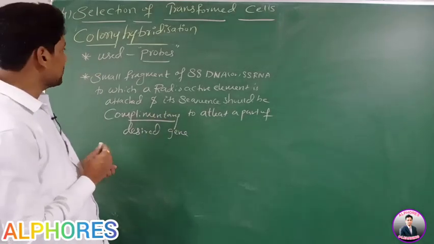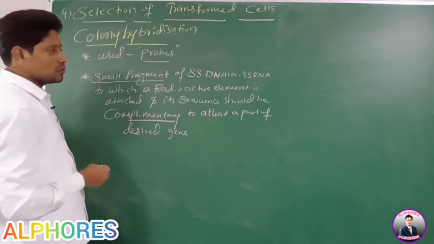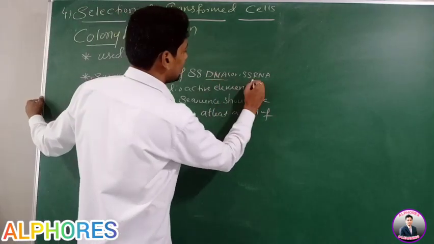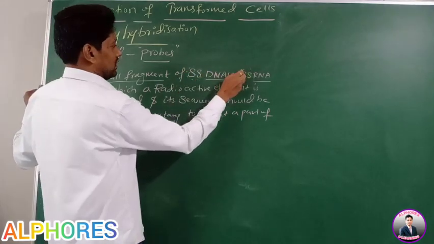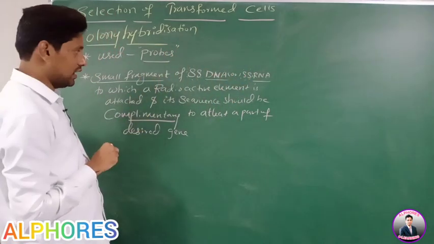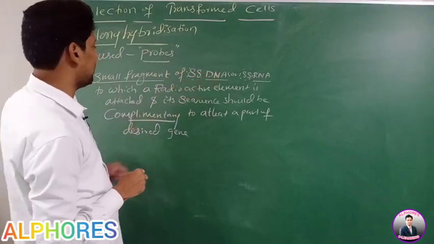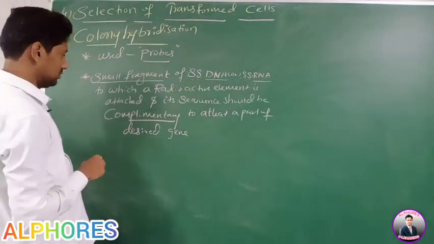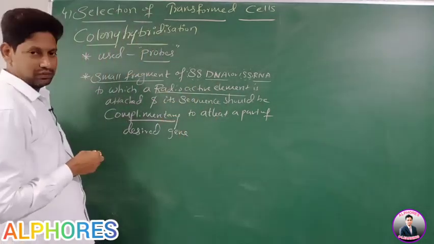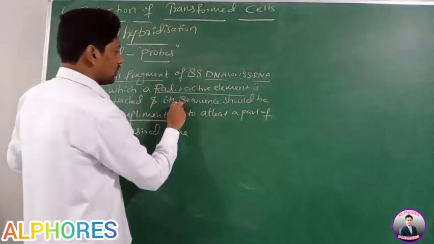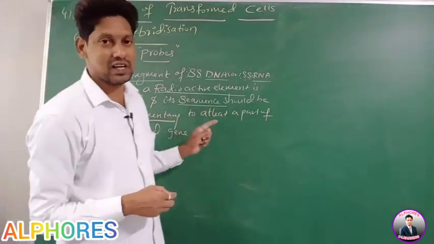See these statements. Sir, a probe is a small fragment of either DNA or RNA. It should be single stranded. To this small fragment of single stranded DNA or RNA, a radioactive element is attached, and this probe sequence should be complementary to at least a part of the desired gene.